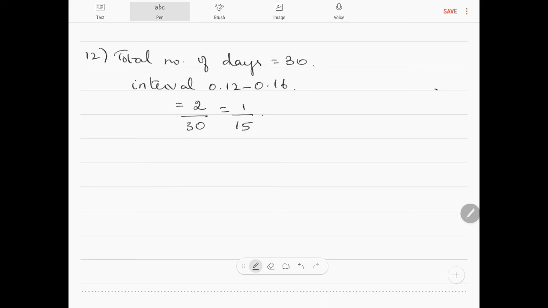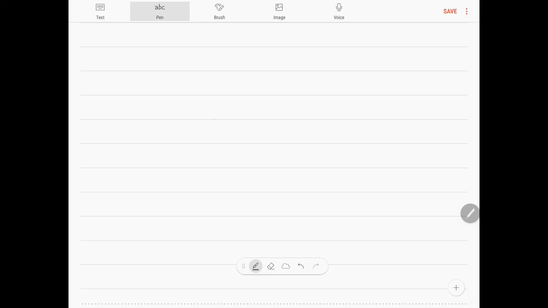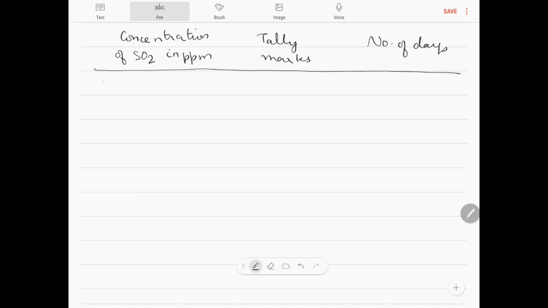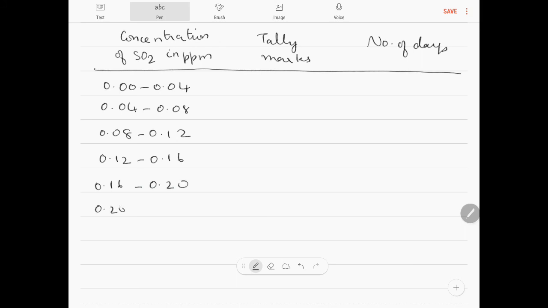Now we will have to give the table. This is the concentration of sulfur dioxide in parts per million, these are the tally marks, and this is the number of days. The intervals are 0.00 to 0.04, 0.04 to 0.08, 0.08 to 0.12, 0.12 to 0.16, 0.16 to 0.20, 0.20 to 0.24.